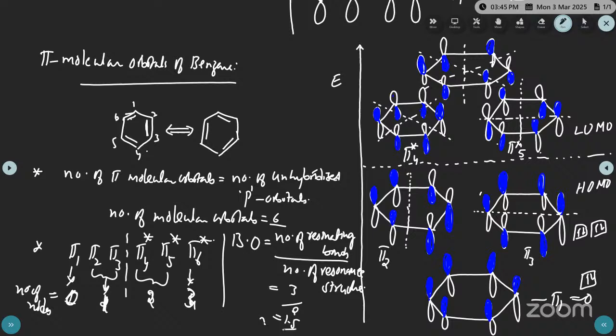Plus cancels with minus. So there is no orbital. Without an orbital, the probability of finding an electron is 0. So where the probability of finding an electron is 0, that is known as a node. Okay, so by maintaining nodes, you can draw this pi molecular orbital diagram.